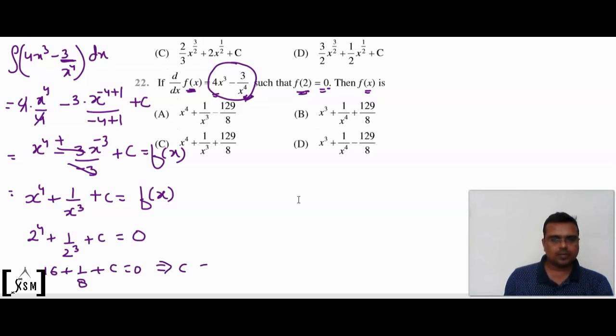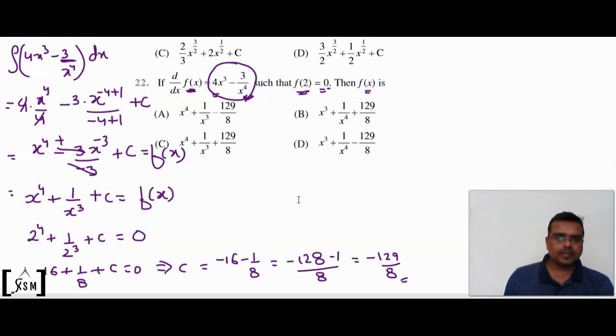So c is equal to negative 16 minus 1 over 8, which is nothing but negative 128 minus 1 over 8, which is negative 129 over 8. So let me write f(x) nicely. f(x) would be x to the power 4 plus 1 over x cube minus 129 over 8. So option A is the correct answer, right?